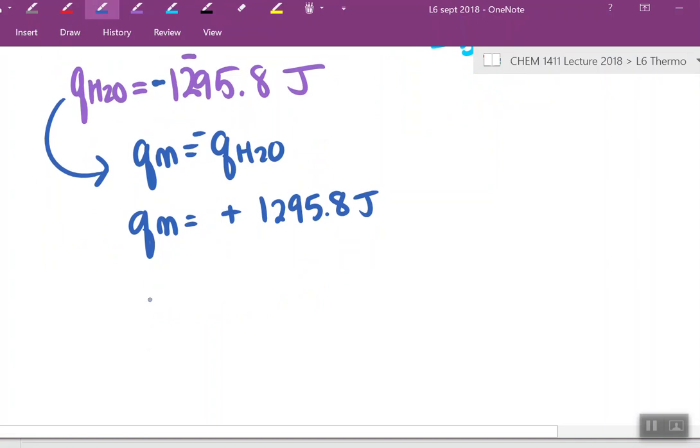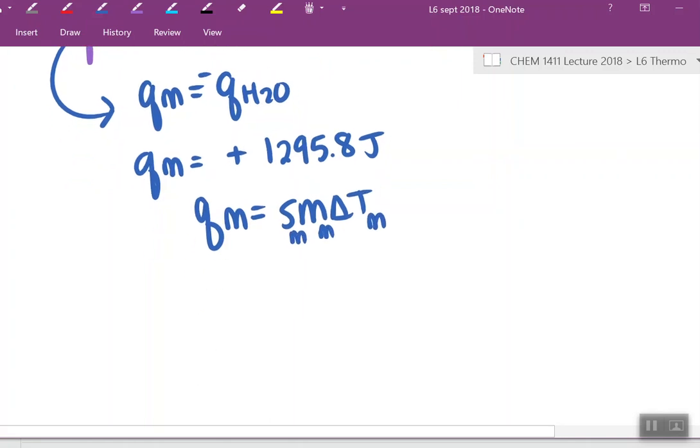Okay, so then I can set this up. And this time put in the numbers for the metal. Again, 2 sig figs on that. I'm solving for the specific heat of the metal.